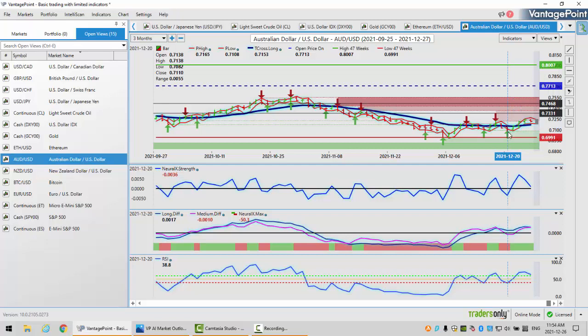We can say, okay, if stocks do this, then we are prepared to buy the Aussie, despite how negative the market is on the Aussie, the New Zealand, and even the Canadian dollar for that matter. But it doesn't matter, guys. They follow stocks. So the second the S&P 500 turned around, you can see that the Aussie did the same thing. We again did this in the Vantage Point live training room.